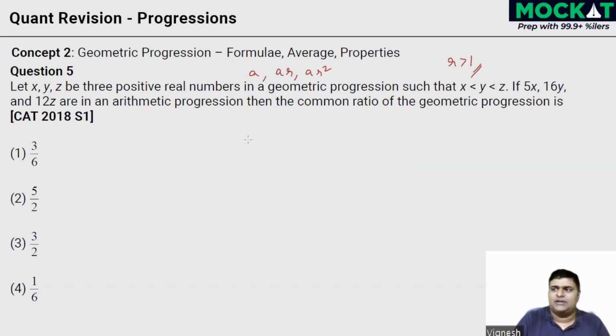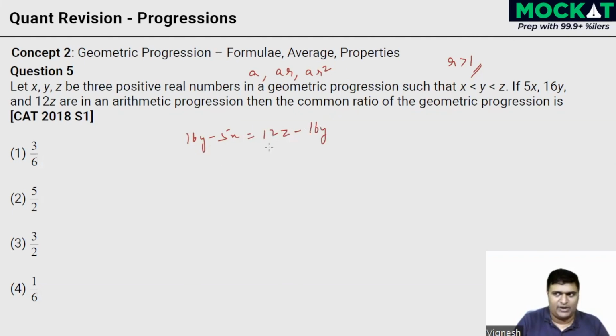If 5x, 16y, and 12z are in AP, arithmetic progression, then the common ratio is going to be what? In arithmetic progression, if 3 terms are in AP, then the common differences are going to be equal. So 16y minus 5x is going to be equal to 12z minus 16y.